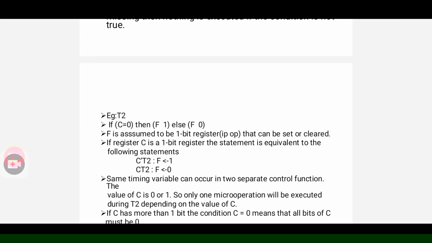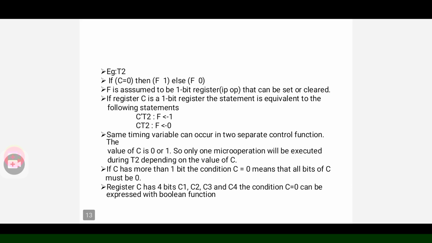Consider an example. At time t2, if C equal to 0, then within parenthesis F1 else F0. What does it mean? It is a conditional control statement. It is equivalent to the following statement: at control function C' t2, F equal to 1, and at control function C t2, F is equal to 0.